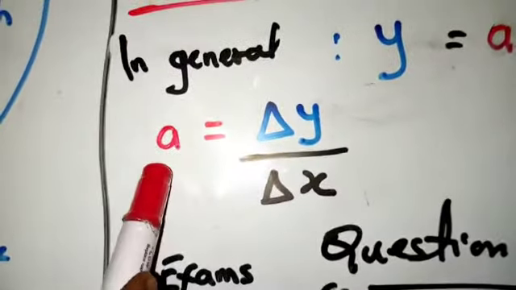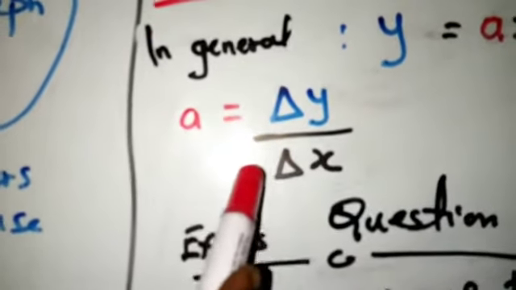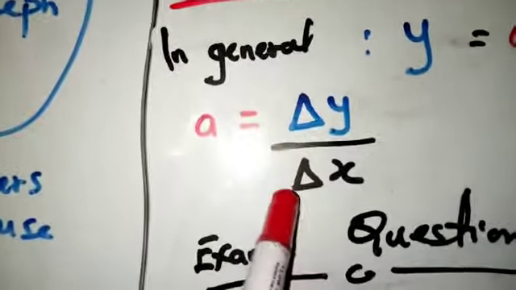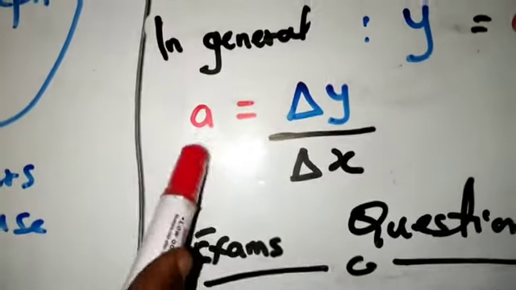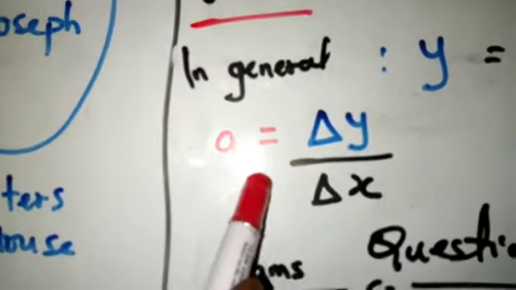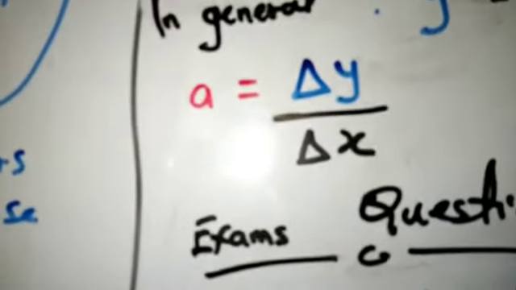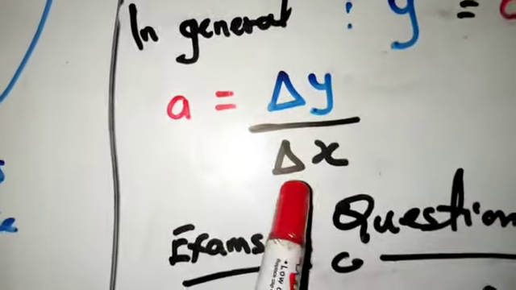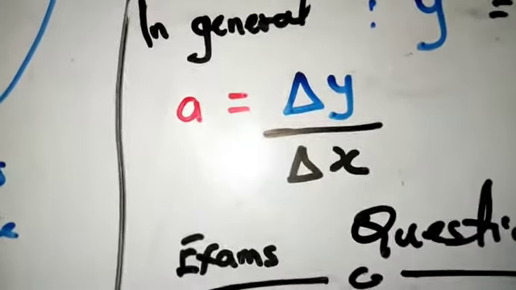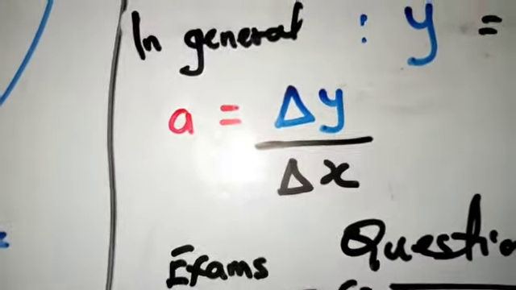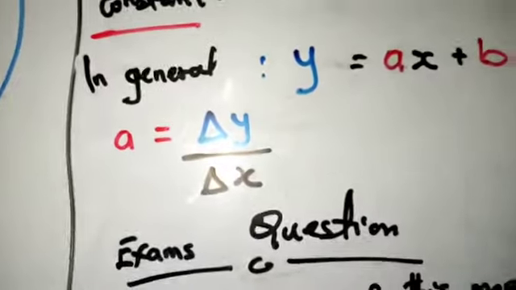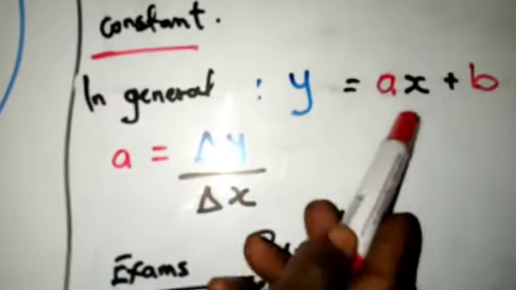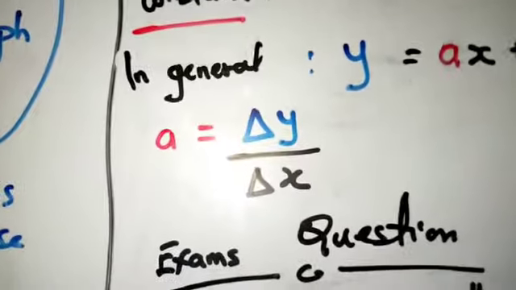So a here means the difference in y over the difference in x. So the difference in the partners over the difference in the ladies, the difference in the gentlemen over the difference in the ladies. So that is for the a. Someone may ask, what about the b? What about the x? What about the y? We will look at that in just a few minutes.